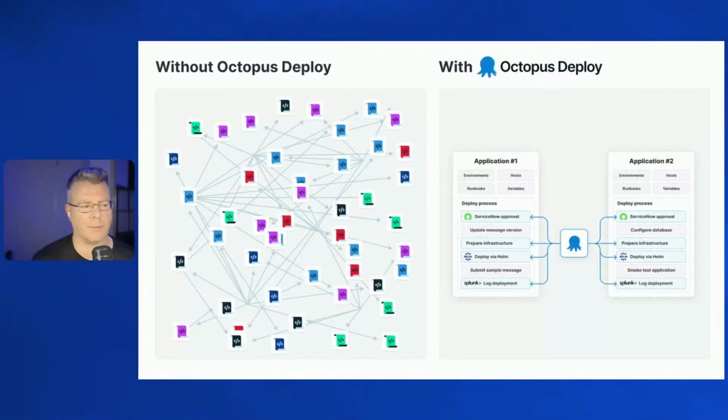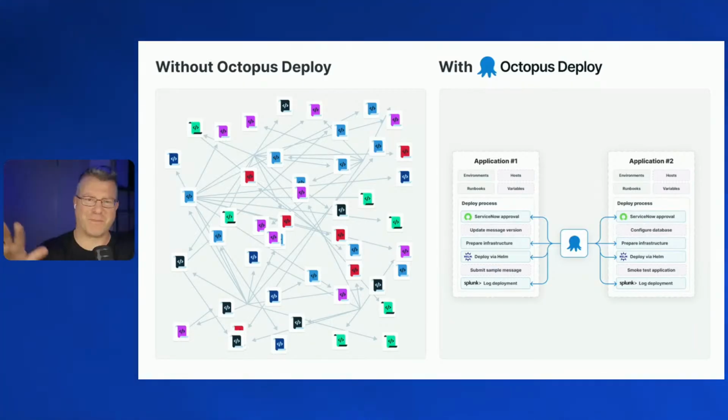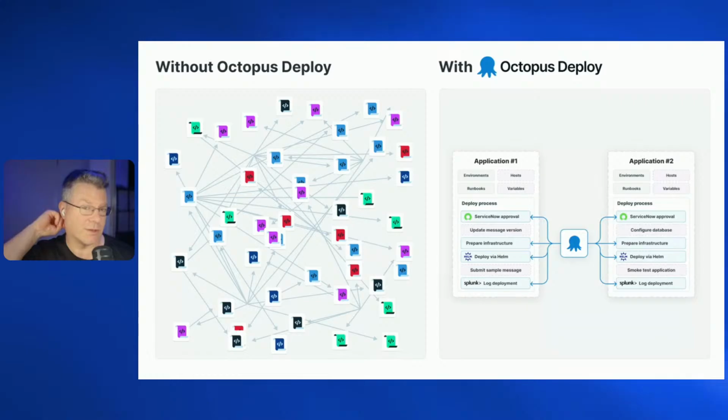If we're thinking a little bit about how life is before and after Octopus, of course, there are a lot of ways in which you can consider this. Without Octopus, we like to think of this as just a myriad of scripts floating in space all over the place. And this is not a very good situation because obviously these scripts need to be maintained.